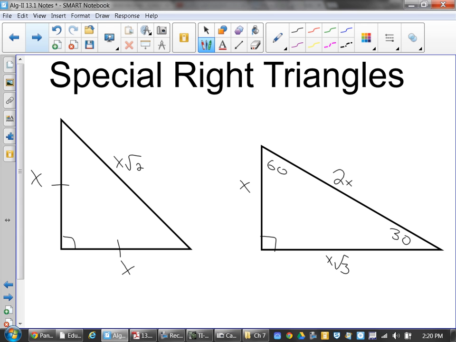All of that stuff is really based off of these two triangles. Everything we do is based off of these when we go into radians, because we find all the trig values of these, and you're going to know them off the top of your head.